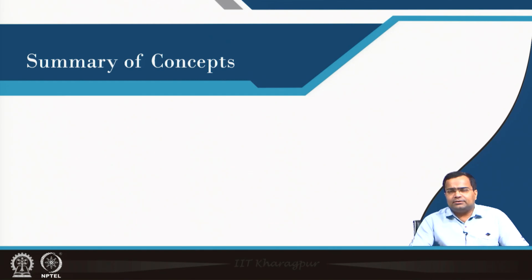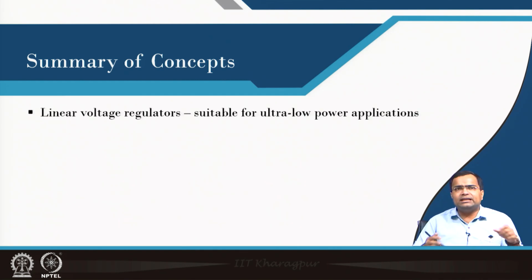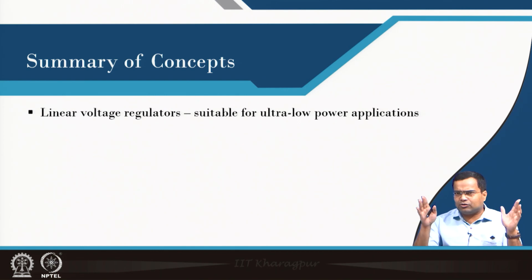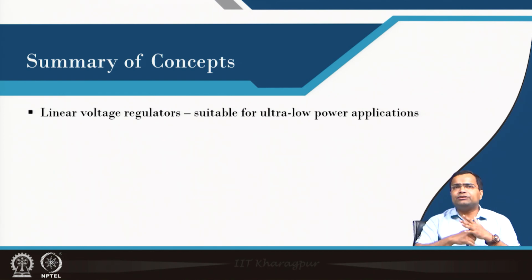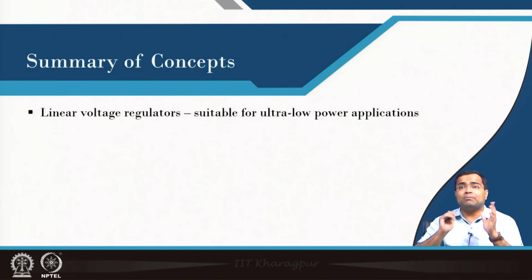So, in summary, today we talked about the linear voltage regulator, particularly the linear dropout regulator, which uses the basic concept of a resistive divider network, and these are suitable for ultra low power applications, where the use of switches, inductors, and capacitors would increase the size of the converter.